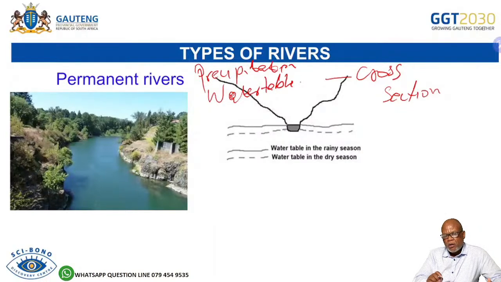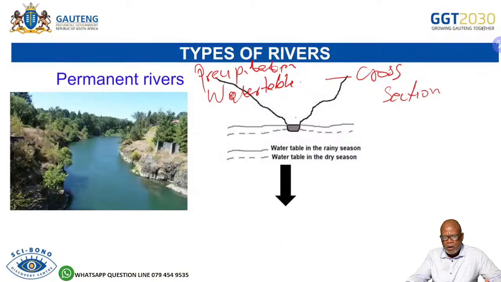So that is why the volume of water will increase. But during dry season, there is no precipitation, so the volume of water in the river is going to decrease. The only source of water for that particular river will be the groundwater, and this water will be flowing into that particular stream. I hope you know why the rivers will flow throughout the year.